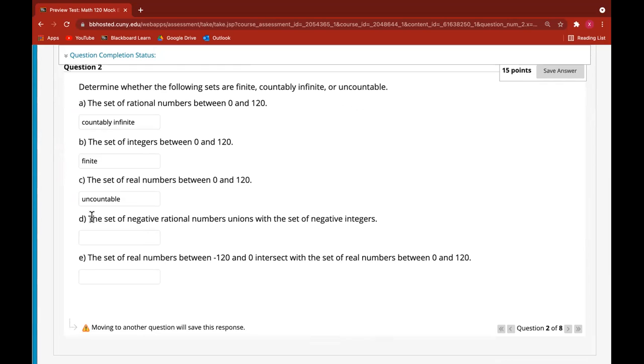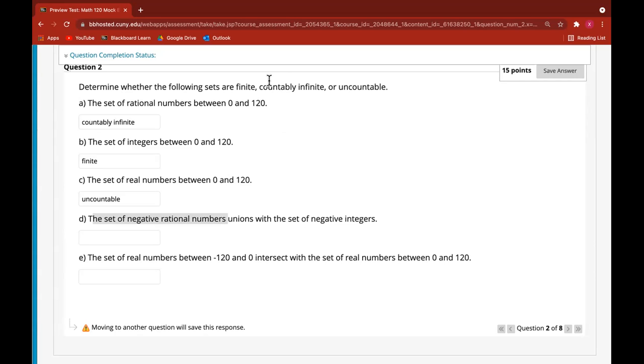Next, what about the set of negative rational numbers union with the set of negative integers? So you combine the set of negative rational numbers and the set of negative integers. Well, is it finite? No, it's infinite.